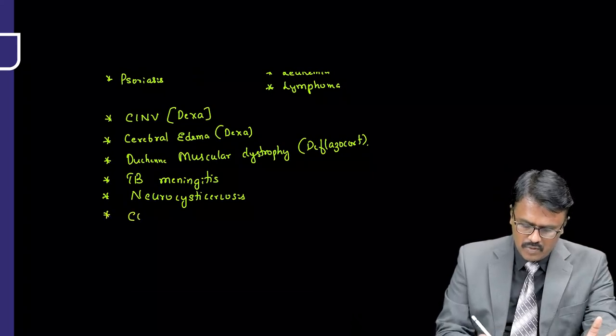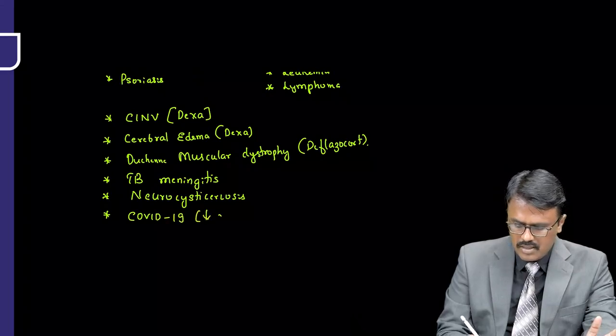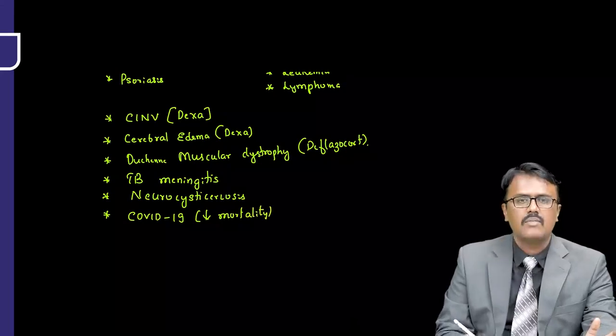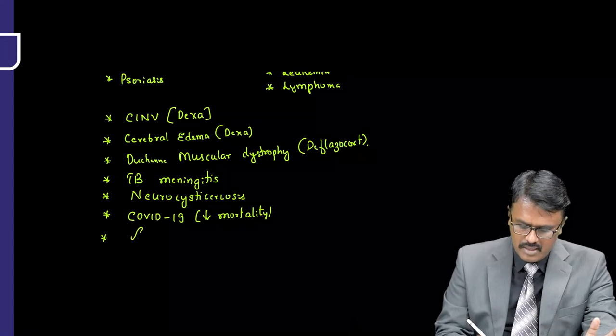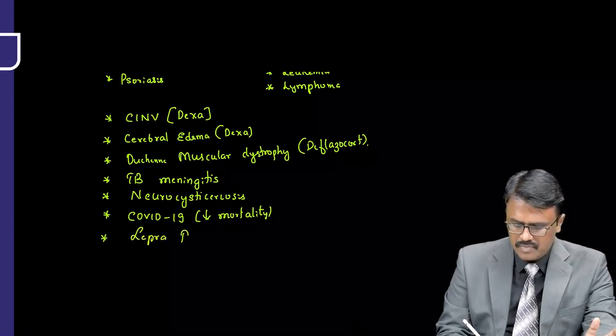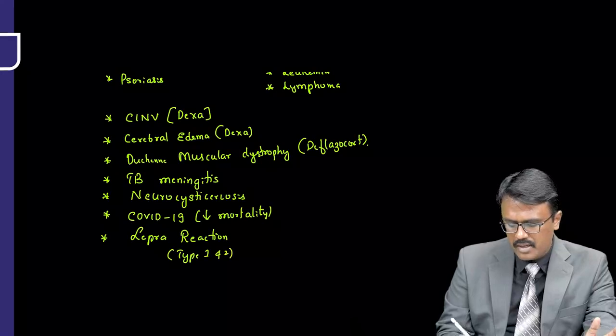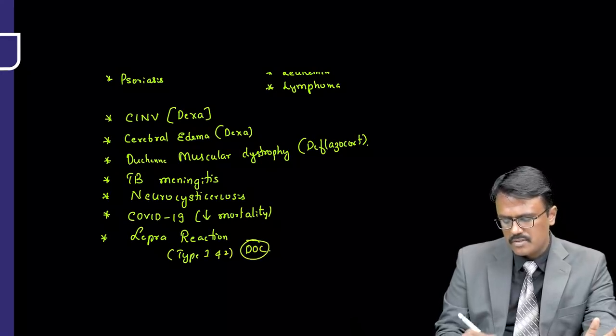The other condition is COVID-19, and I told you it decreases mortality. And one more important is lepra reaction. There are two types, both type 1 and type 2 lepra reaction, and the drug of choice is steroids.